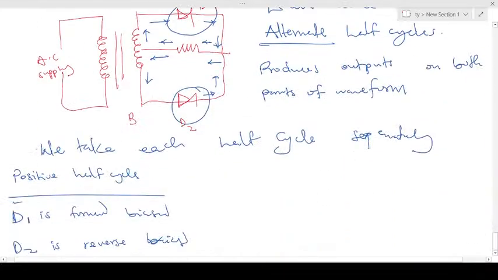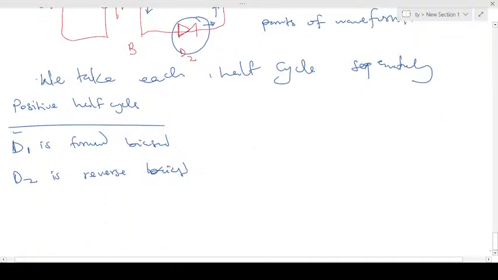Due to that, current will flow only in this manner during the positive half cycle, and the wave will be in this manner.